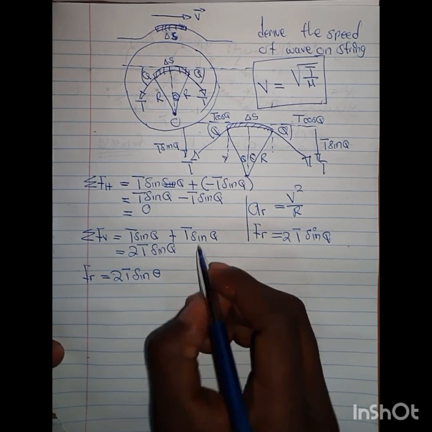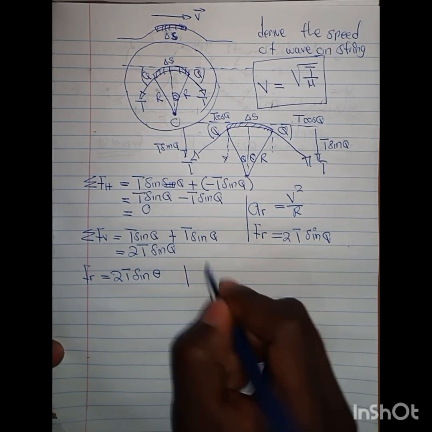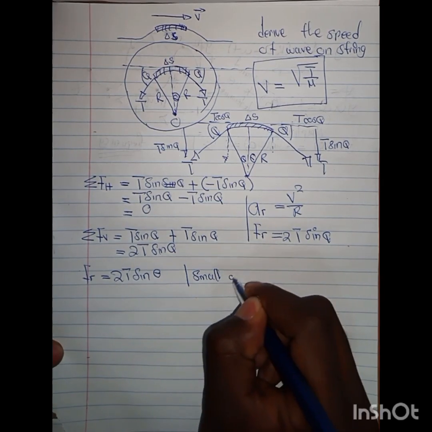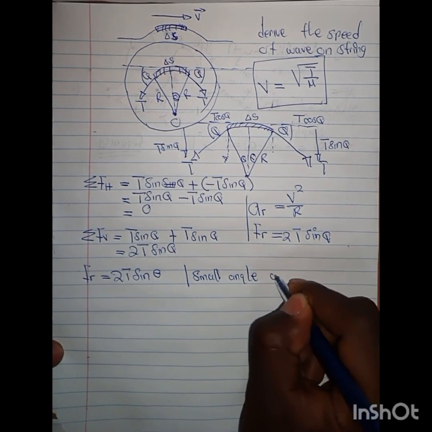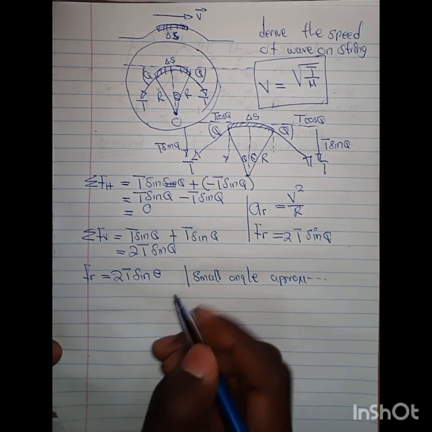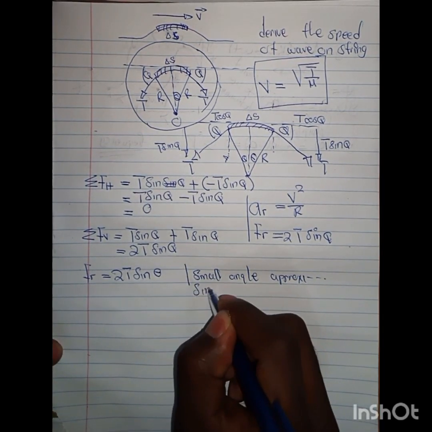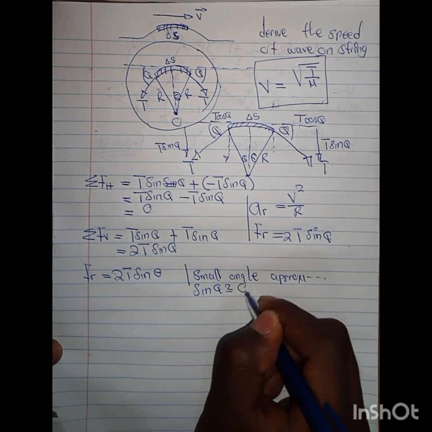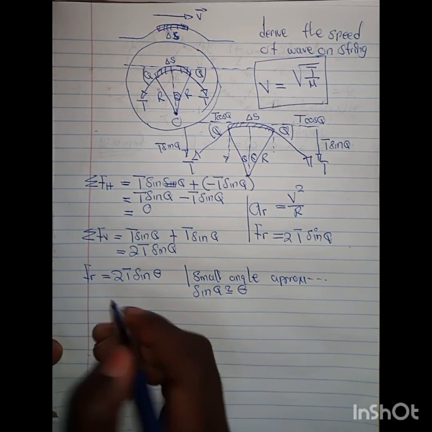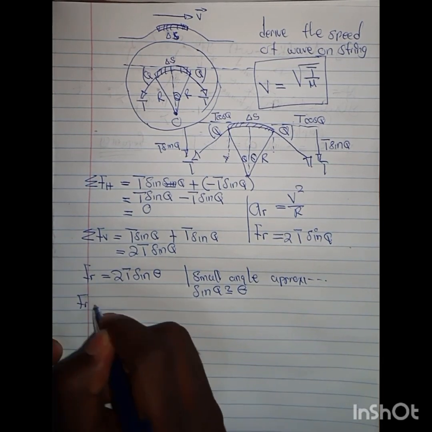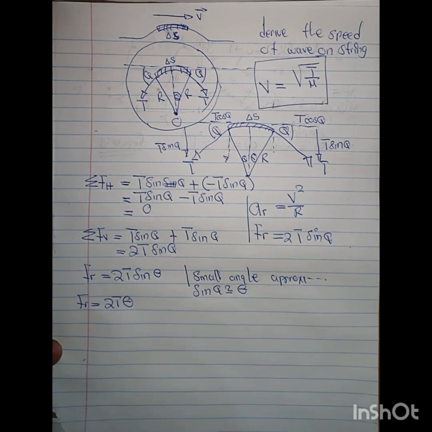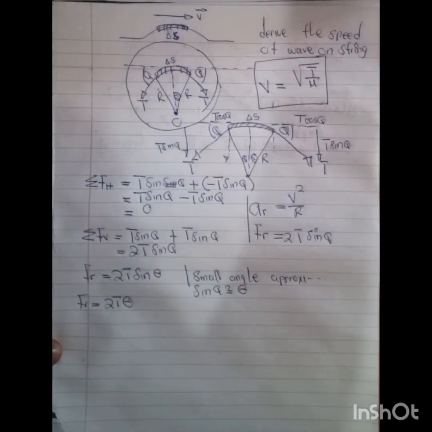So for small angle approximation, we know that sine theta is approximately equal to theta. So in place of tan theta, we are going to write theta. So Fr is equal to 2T theta, like that. So this is what we have.